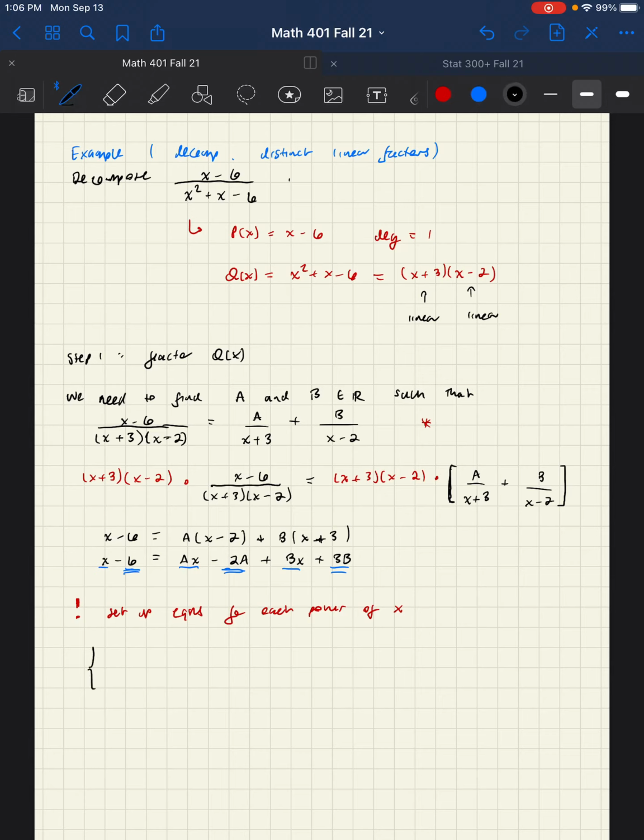So that ends up looking like x equals Ax plus Bx, and -6 equals -2A plus 3B. Now, in the first equation, you can cancel out the x's. We don't need that anymore. So really this turns into 1 equals A plus B, and -6 equals -2A plus 3B.